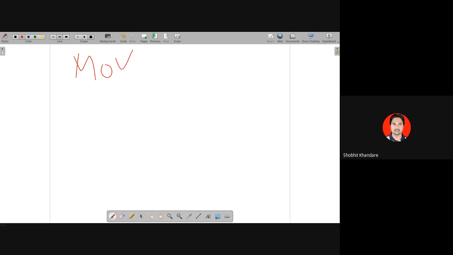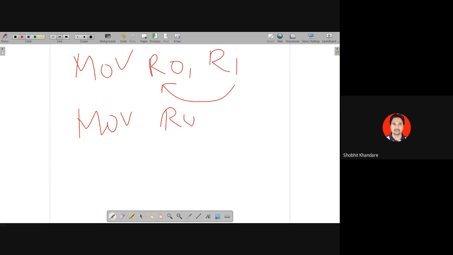Okay, so if I have to write down move, this is simple. See, if I'm writing down R0, R1, your R1 content will be moved into R0. See, there is another variant. अगर मैं लिखता हूँ R0, R0, so it is from the same register to the same register.